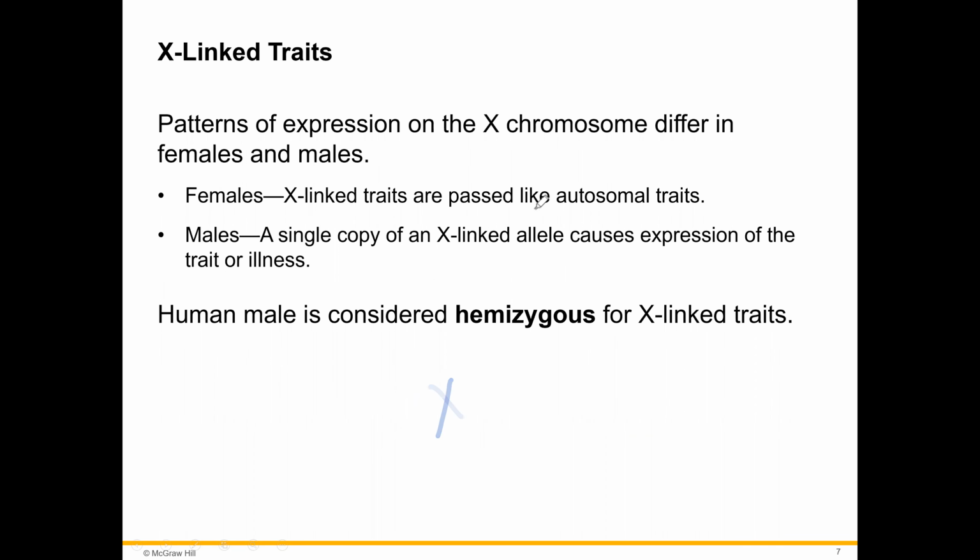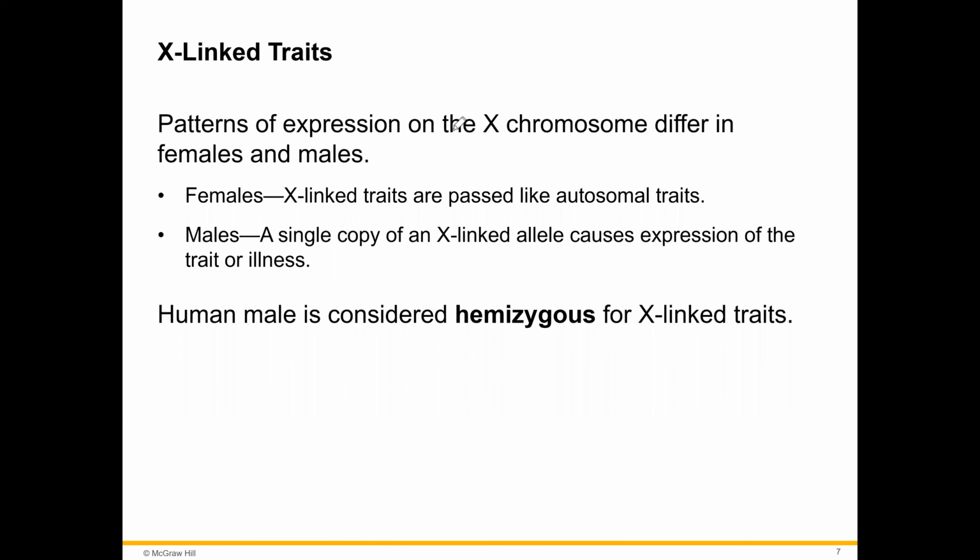In males, we have only one X chromosome, so an X-linked allele causes expression of the trait or illness. You don't have a second allele on another X chromosome to counteract the effect of the gene on the one X chromosome. So a human male is considered hemizygous for X-linked traits.